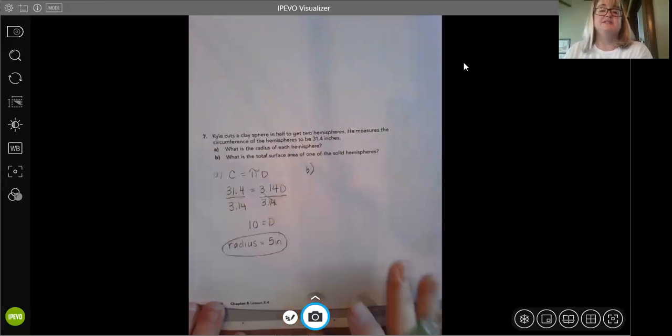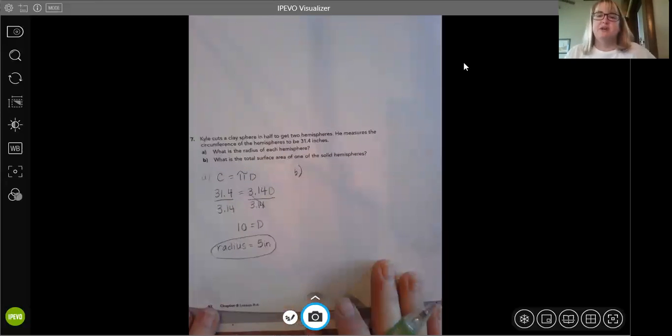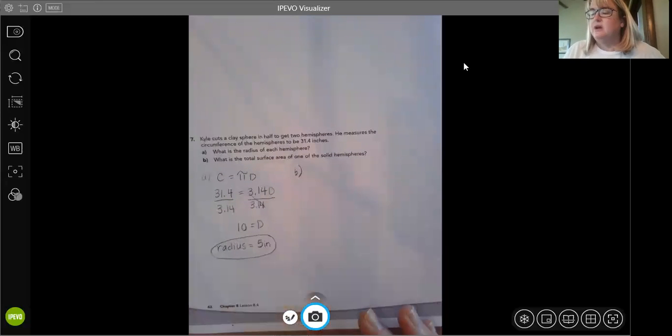B says, what is the total surface area of one of the solid hemispheres? Okay, the hemisphere has 2 parts to it. If we're finding the surface area, again, we're finding the outside. A hemisphere is like a dome. So we've got the area of the curved part of the half sphere, and then we've got a base, and the base is a circle.